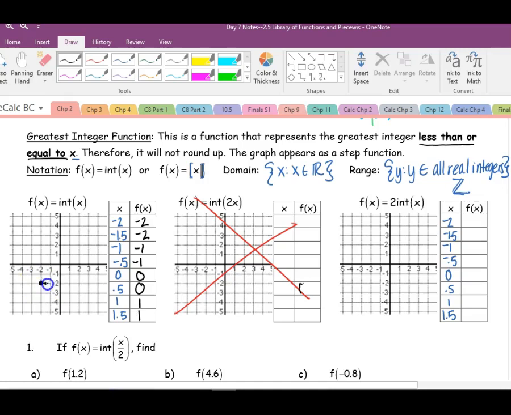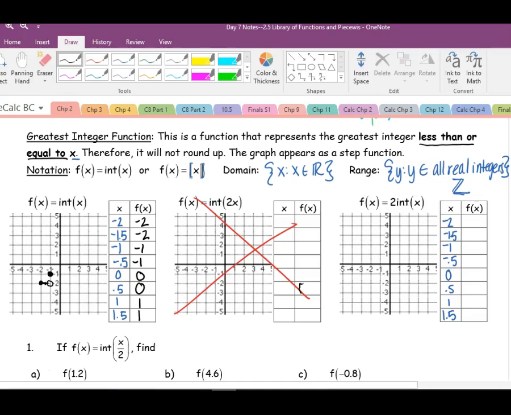So actually, this whole part in here is all going to round down to -2 until you get to -1. And when you get to -1, you're at -1. Okay, we're going to have an open dot there, and now we come up and we have a closed dot here. Let's get this graph and then I'll explain it a little more.